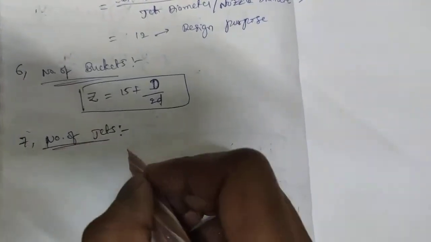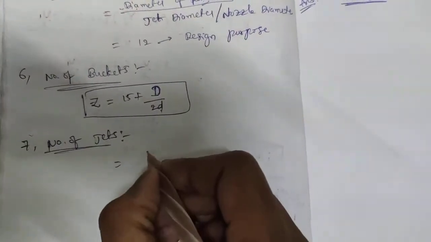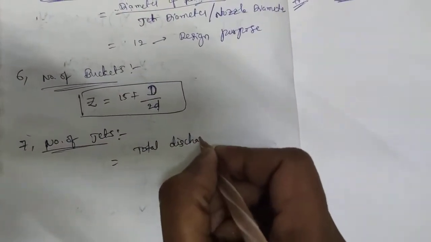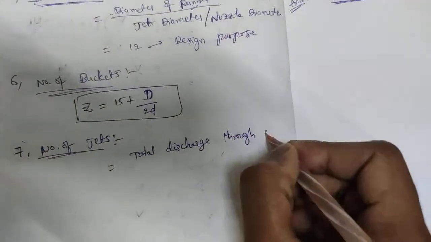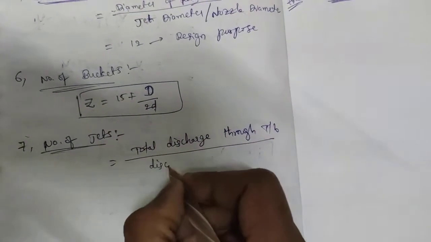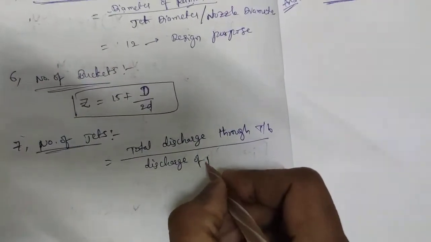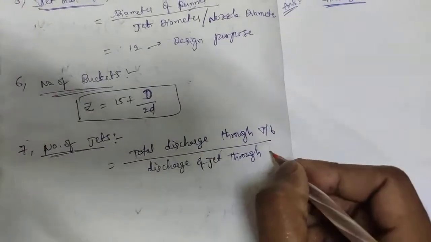To calculate the number of jets, there is one formula: total discharge through the turbine divided by discharge of jet through a single nozzle.